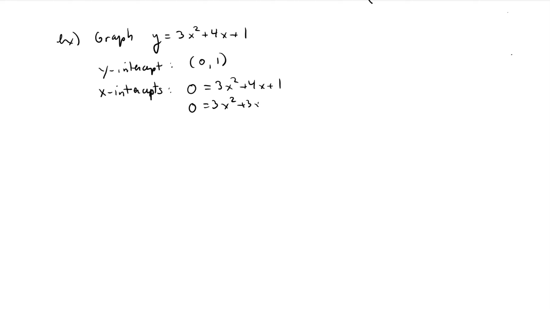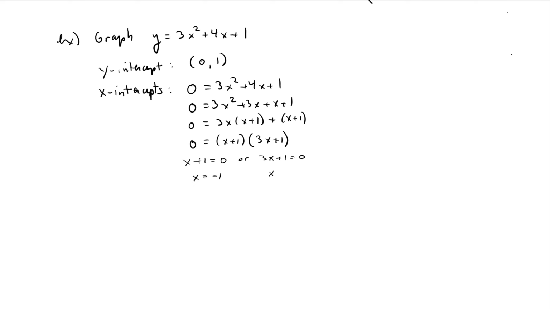So we split our middle term, factor by grouping. And we see that it ends up being x plus 1 times 3x plus 1. So that means x plus 1 is 0, or 3x plus 1 is 0. So we get minus 1 and minus 1/3 for the solutions.